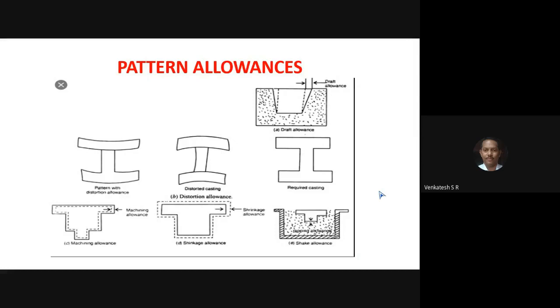Write down the rough diagram. First, write down the title, pattern allowances. Below that, write down the question: Explain briefly with neat sketches the pattern allowances.